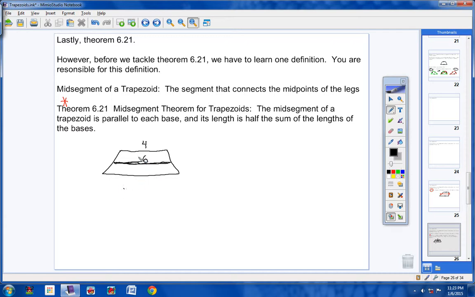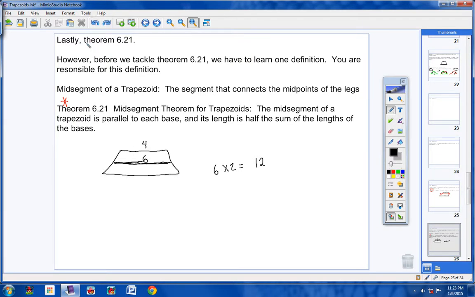Guys, you should be able to take the mid-segment 6, multiply it by 2, and then you know this segment here and this segment here has to add up to 12. Let me say that again to you.